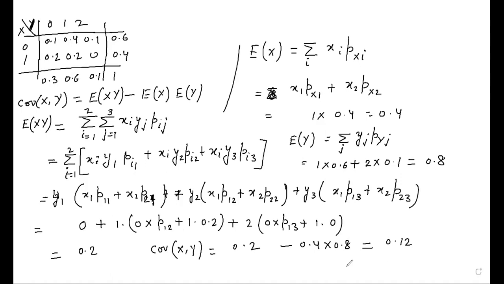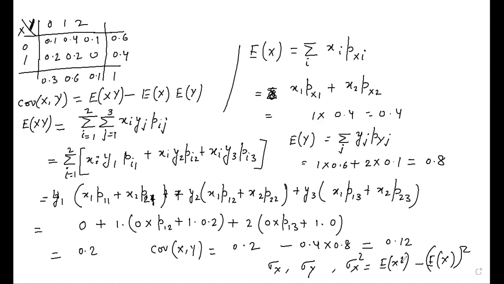Now we can move on to the correlation coefficient. For the correlation coefficient, what else is required? That is sigma X and sigma Y. We know that sigma X squared is the expectation of X squared minus the expectation of X whole squared. We have already found the expectation of X, so we can square it.